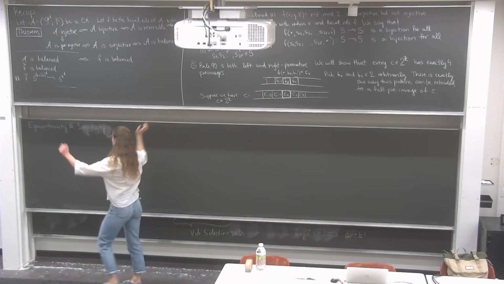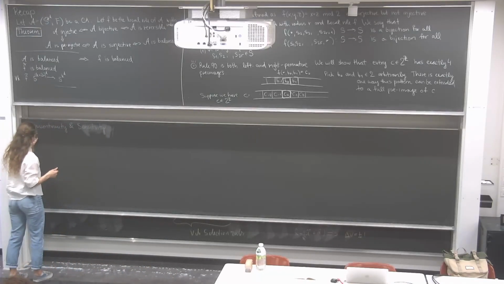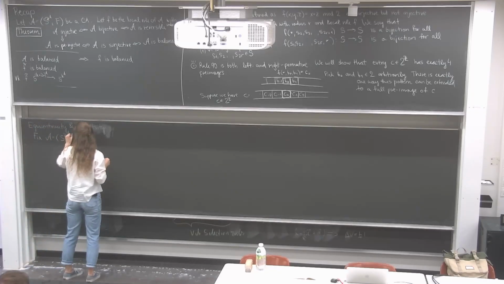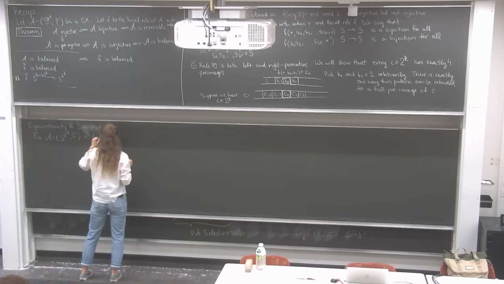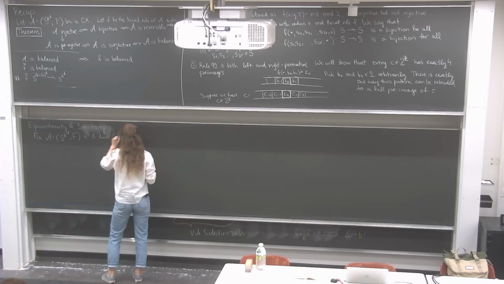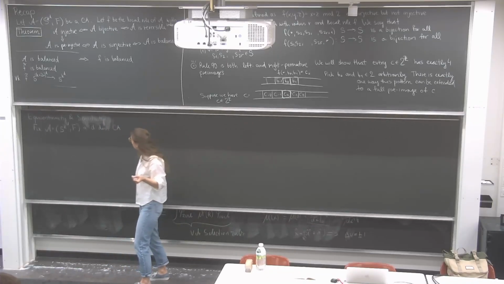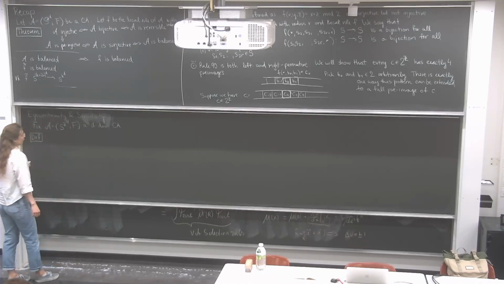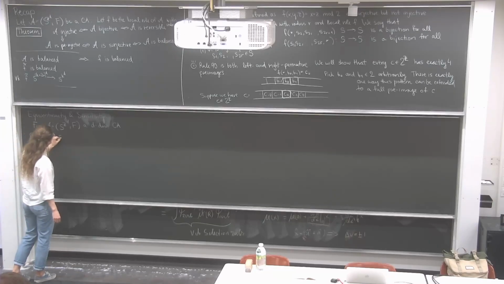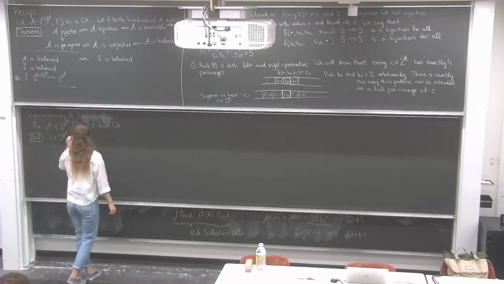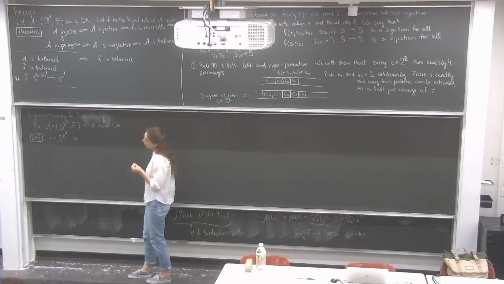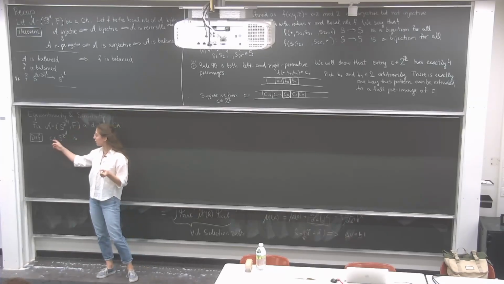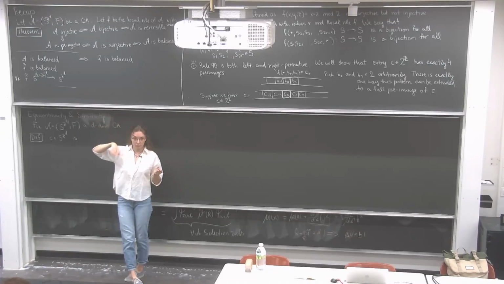So let's fix some d-dimensional cellular automaton A for now. So the first definition: we will call a configuration C an equicontinuity point of A if f is continuous in C, but not only f, but all the infinite family of iterations of f.